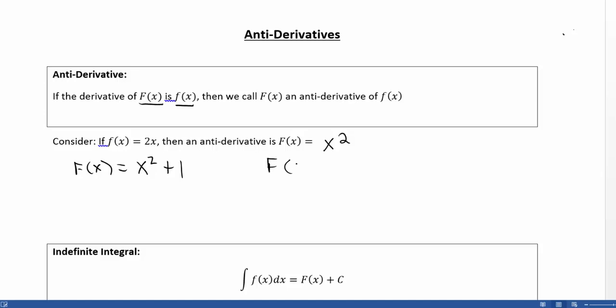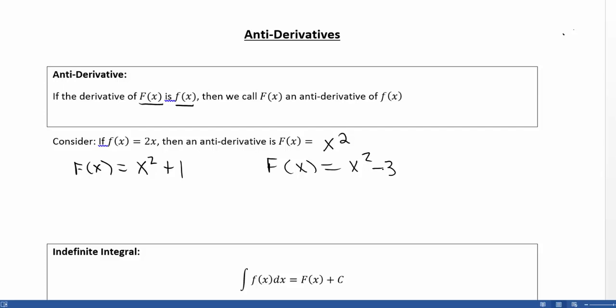Similarly, you could have said x squared minus 3. Because again, if you take the derivative of x squared minus 3, you get 2x. So it turns out that when we talk about antiderivatives, there's not just one antiderivative, there's actually a family of antiderivatives.